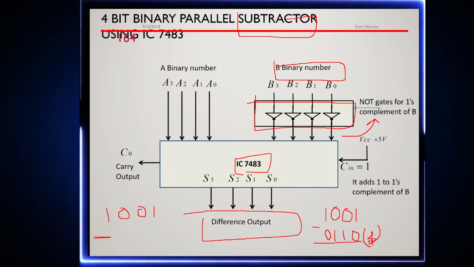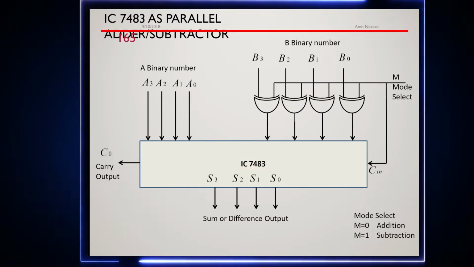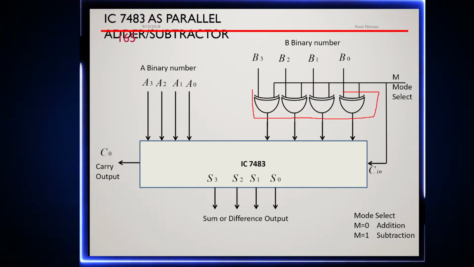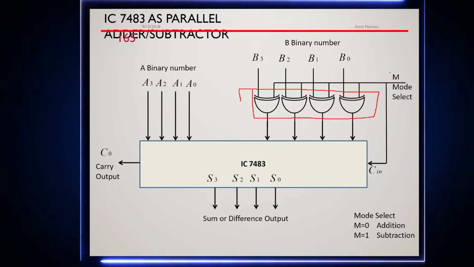Now the same IC 7483 could act as an adder and a subtractor, right? So we would add XOR gates to the second binary input, and we would give a common pin called the mode pin, right?